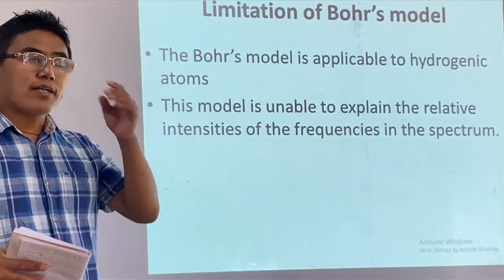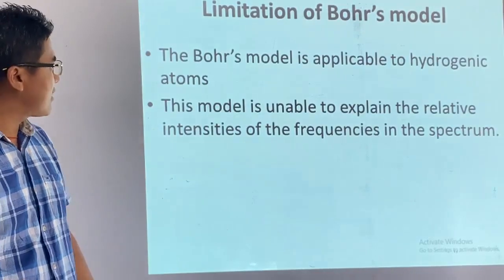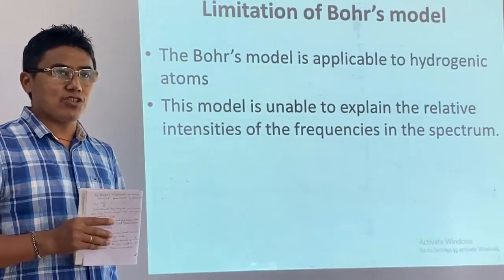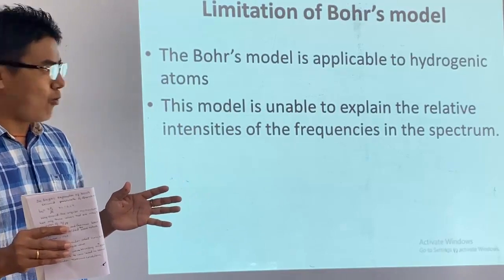Why? Because the Bohr model involves many quantum mechanics concepts, right? However, the Bohr model has some limitations, right? The Bohr model is not a purely quantum mechanical model, right?